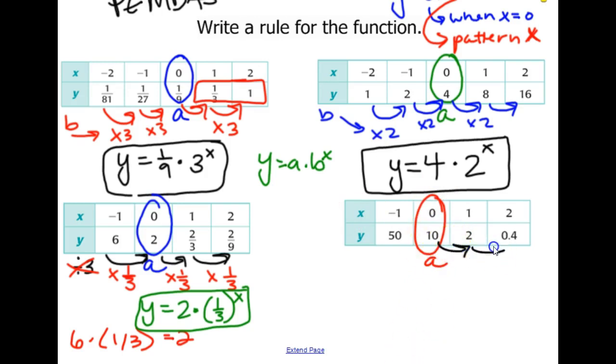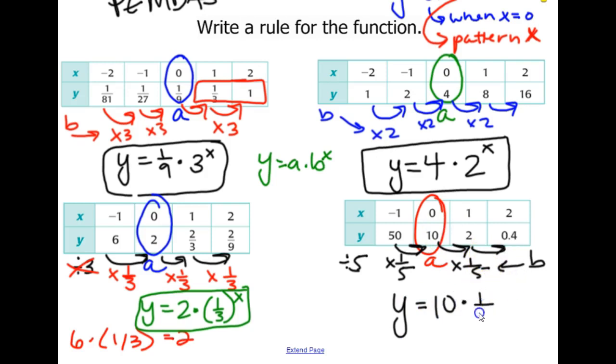B, what we're multiplying each time, this one's also going down. From 50 to 10, I'm dividing by 5, but instead of dividing, we say I'm multiplying by 1/5. 10 times 1/5 would give me 2, so that's going to be b. So we have y equals 10 times 1/5 to the power of x.